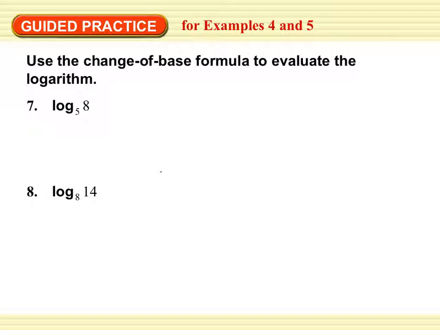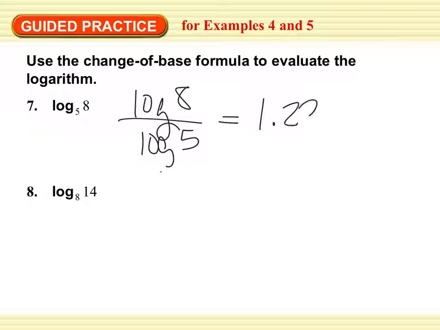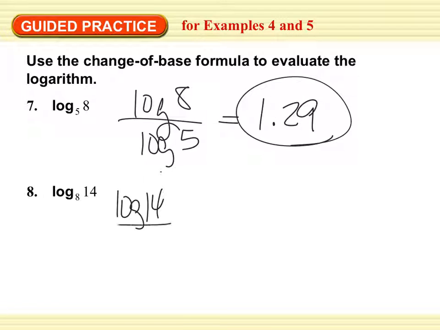All right, let's use the change of base formula to calculate these. I'm just doing log of 8 over log of 5. I feel like we already did this one. I don't remember the answer. 1.29 would be our answer. Okay, log of 14. You can do ln, it's going to give you the same answer. So log 14 divided by log 8.